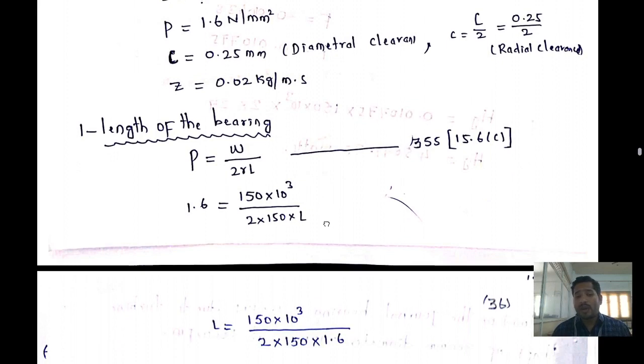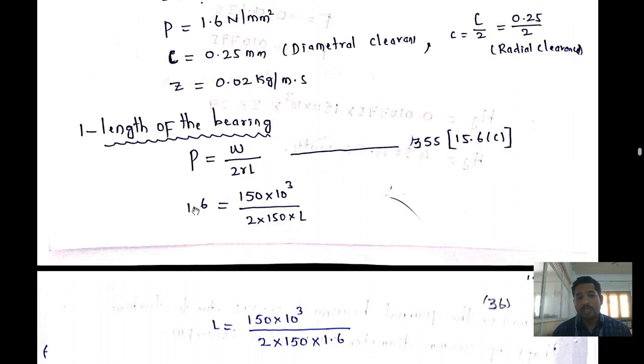In this problem, our intention is to find out, first, the length of the bearing. So p equals W by 2RL. You have to refer to page number 355, and the equation is 15.6C.